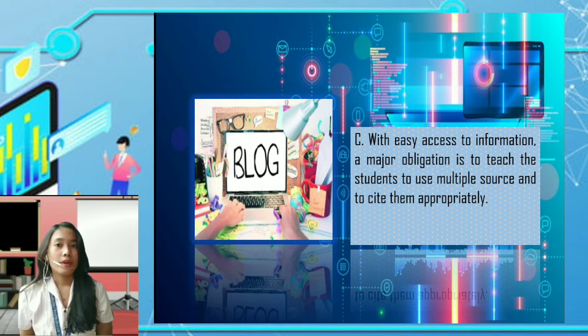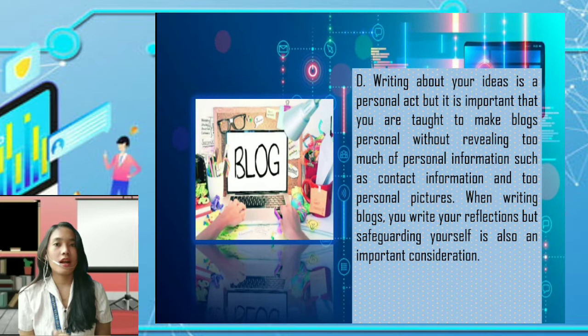Writing about your ideas is a personal act, but it is important that you are taught to make blogs personal without revealing too much personal information, such as contact information and too personal pictures, right? When writing blogs, you write your reflections, but safeguarding yourself is also an important consideration.